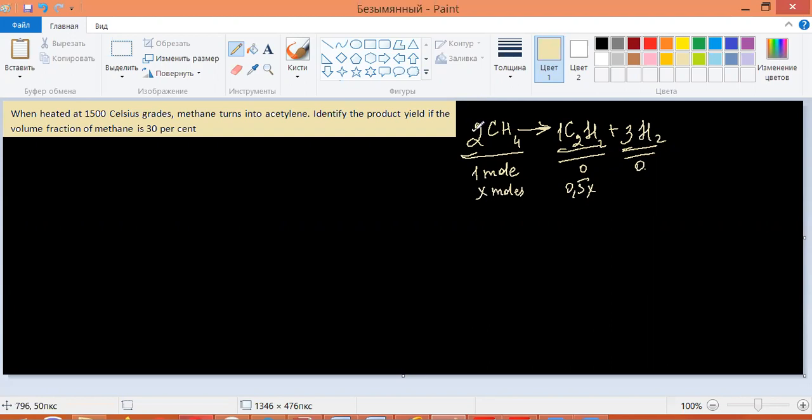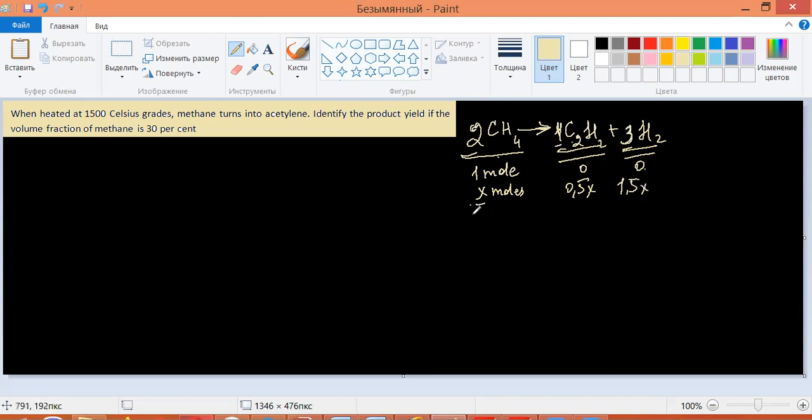Because we've got coefficient 2 and coefficient 1 here. That means that half of X turned into C2H2. And judging by the coefficients 3 and 2, the amount of hydrogen was 1.5 times as much as the X moles. That means 1.5 X moles.